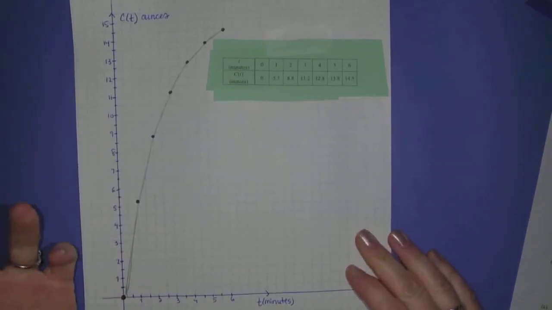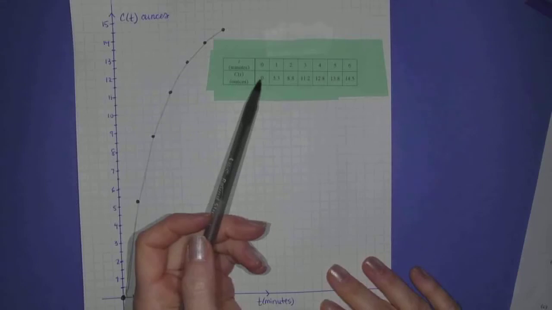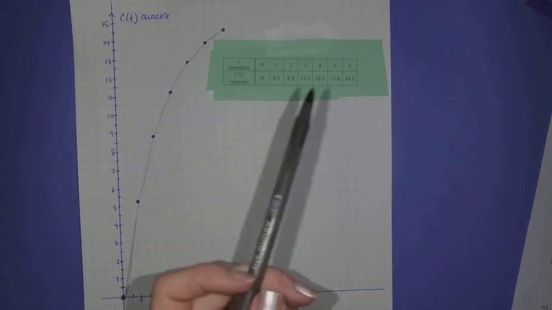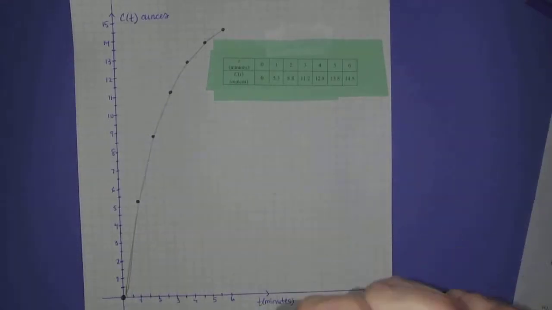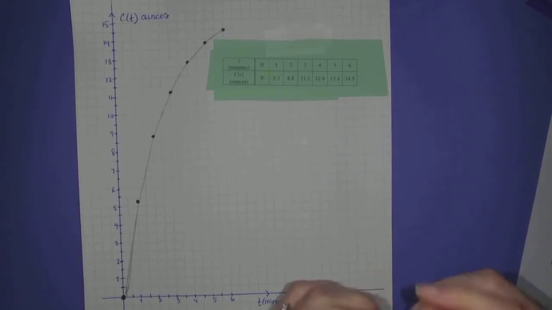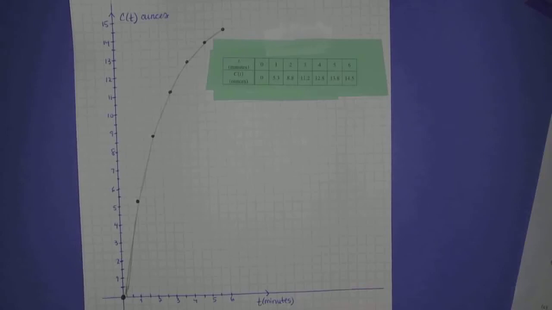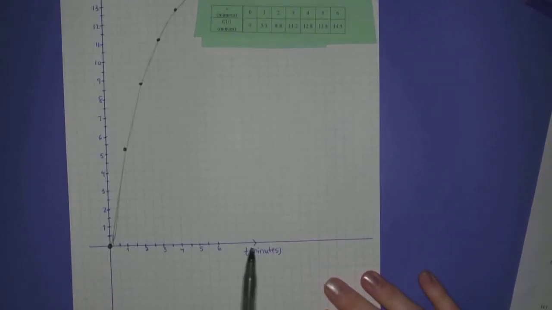Now, I took it upon myself to grab a piece of graph paper. I wanted to truly see that C of t was differentiable, smooth sailing, no craziness, no corners, no cusps, no vertical tangents, no discontinuity. So I went ahead and I made a t-axis. You can see here I put the minutes here, and I went from 0 to 6 minutes.